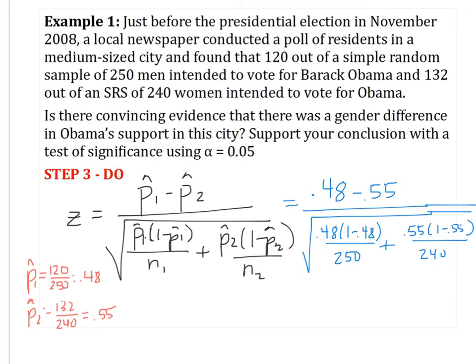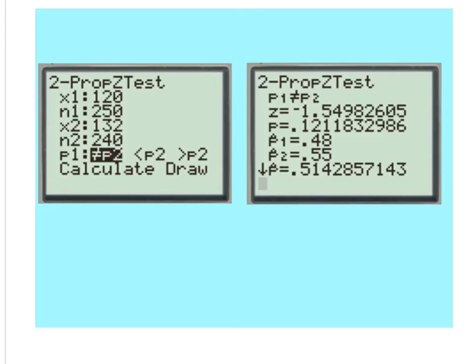Once I show this, you have to show this substitution right here. Once you have this, we can use our calculator. So 2 prop Z test, X1 and N1 are the men, X2 and N2 are the women. And since it was a different than problem, my alternative is the not equal to. And this is the data that I end up getting.